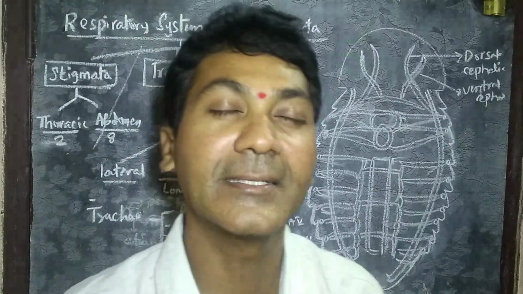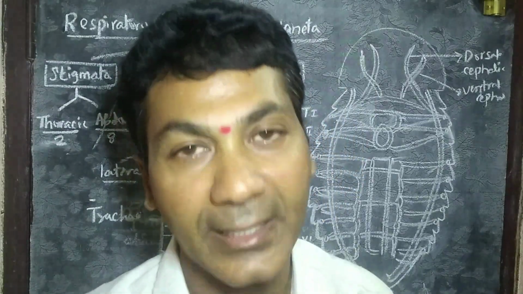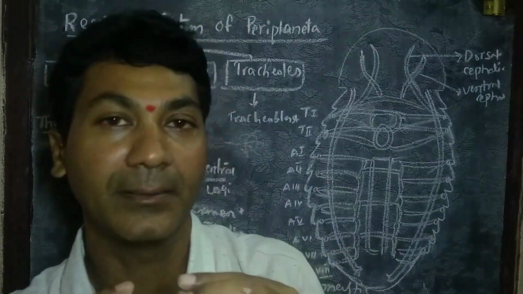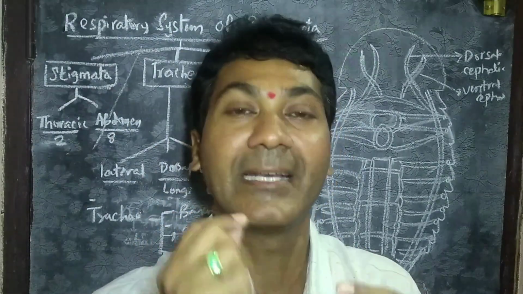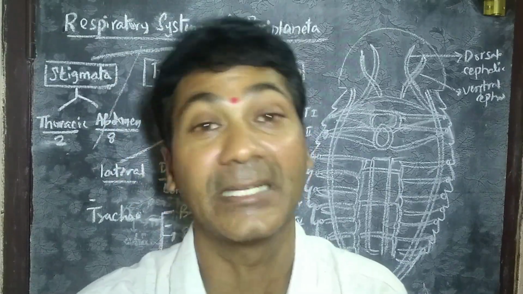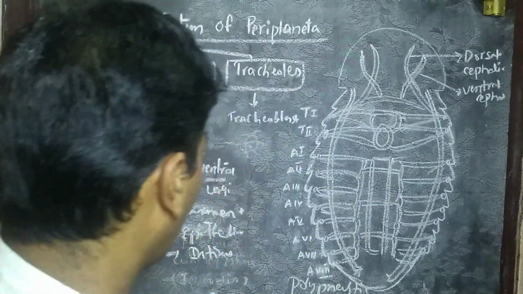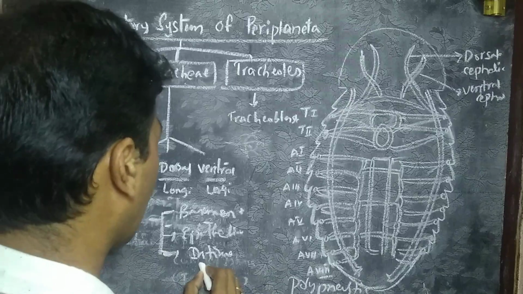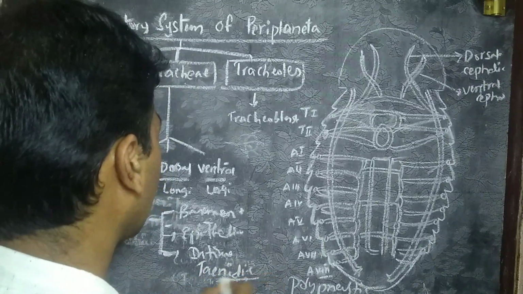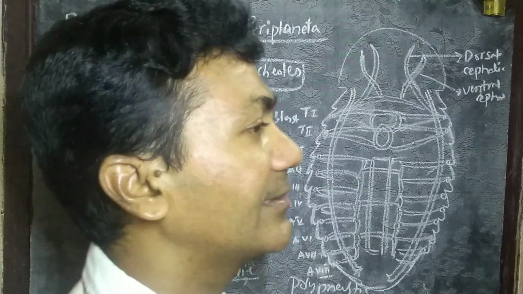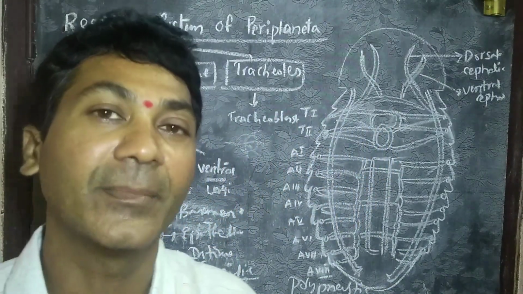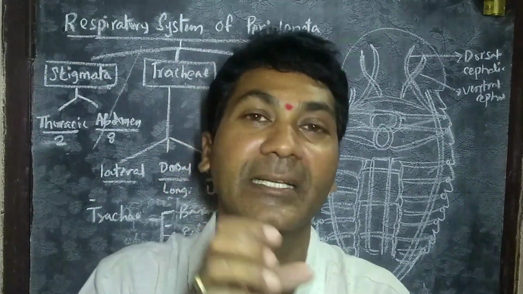So the intima is the innermost cuticle layer, which has thickenings that prevent collapsing of the tracheae, known as Ctenidae. Ctenidae are the thickenings of the inner intima which prevent the trachea from collapsing.